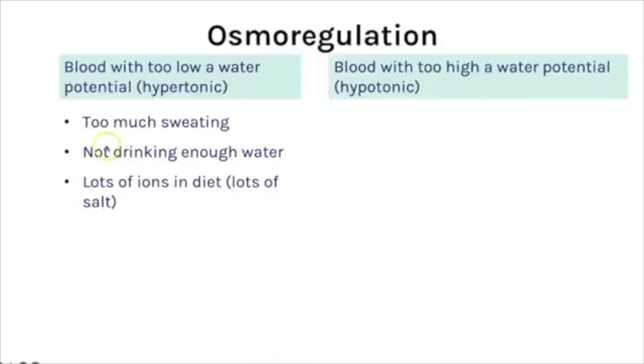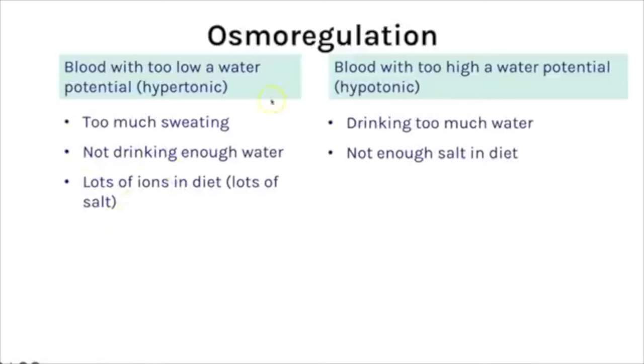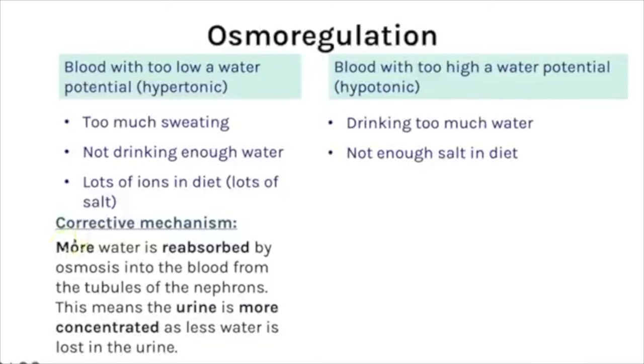What could cause hypertonic blood is excess sweating, not drinking enough, or having a diet containing lots of ions, so salty diets. If you had hypotonic blood, then maybe you've drunk too much water or you don't have enough salt in your diet. So the corrective mechanisms for both: if you have hypertonic blood, more water has to be reabsorbed by osmosis into the blood from the tubules in the nephron, which is in the kidney.